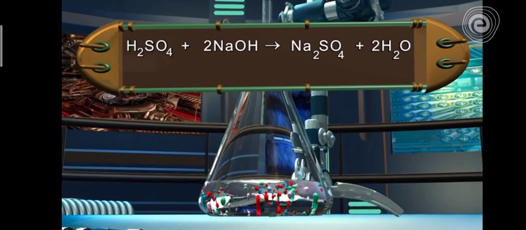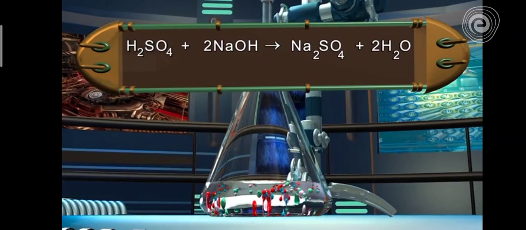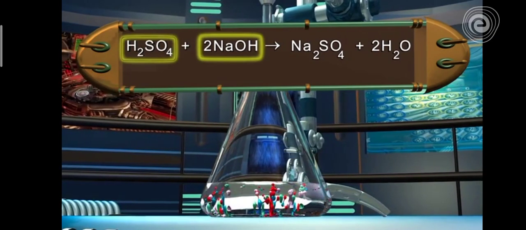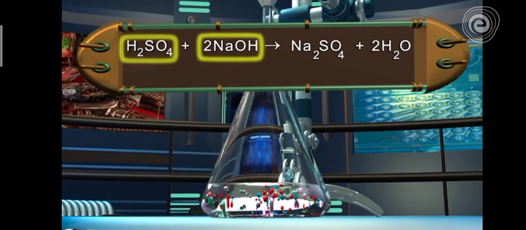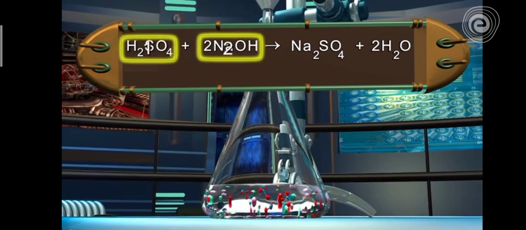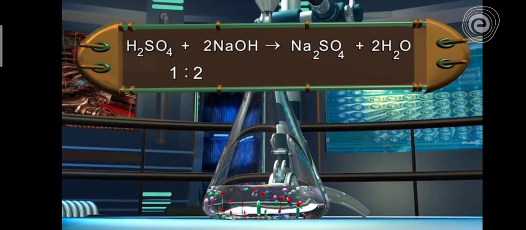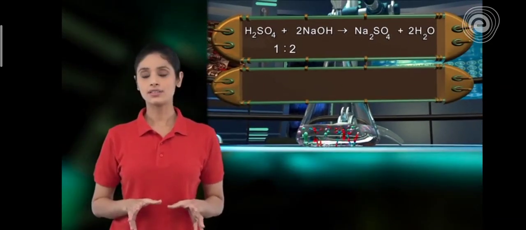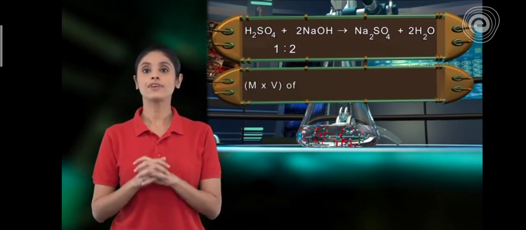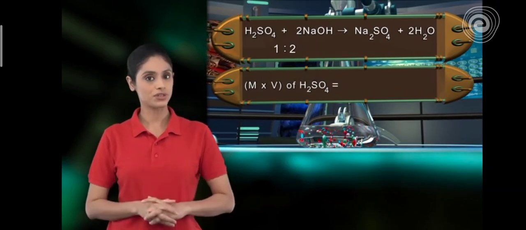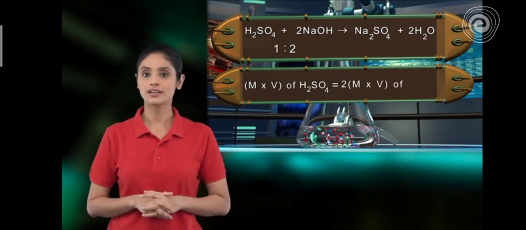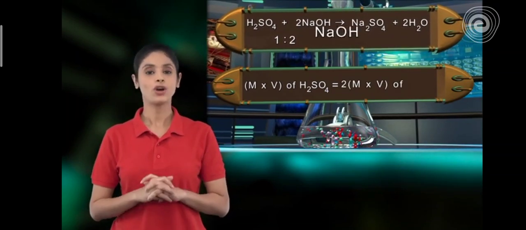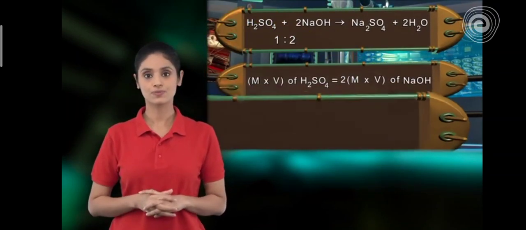Thus, the ratio of the number of moles of H2SO4 and NaOH which react completely with each other is 1:2. In other words, M times V of H2SO4 is equal to 2 times the product of M and V of NaOH.